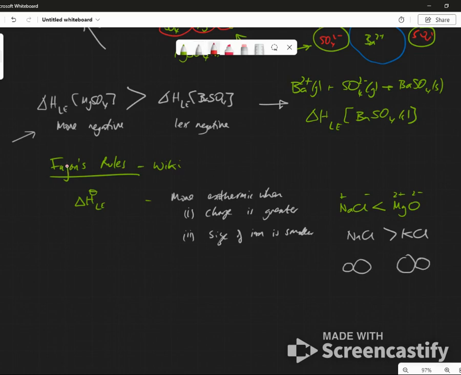The distance between the two, nucleus to nucleus, is greater here. The separation is bigger, and if separation is bigger, the attractive forces are less. Does that make sense?